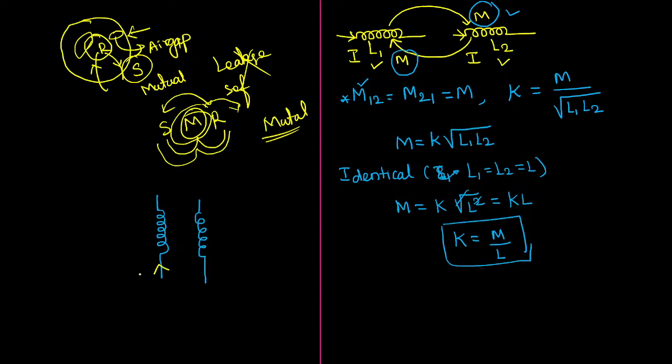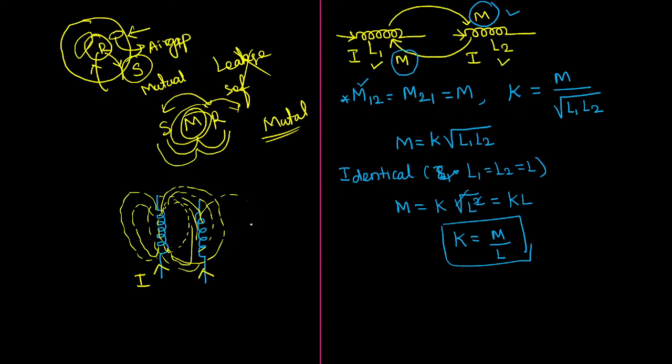When I am injecting current through this coil, it will create some flux. This coil's flux will be rotating like this. Similarly, when you pass current here, it will create some flux like this, rotating like this.